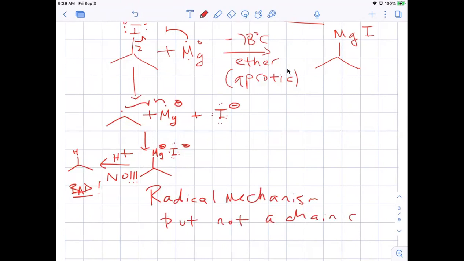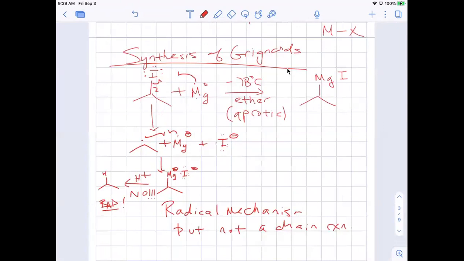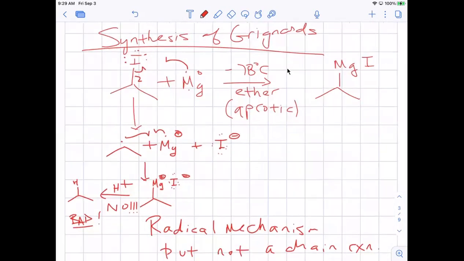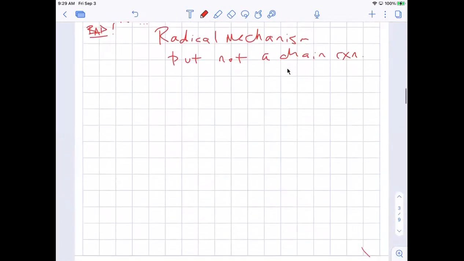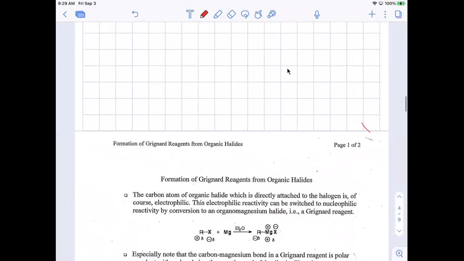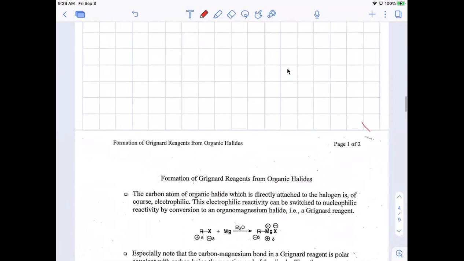All right, so again, one of the applications of alkyl halides is to make organometallics. That's one of the major applications. So first we studied how to make alkyl halides, and now we're looking at how to apply them. And one way to apply them is to use them to make organometallic reagents, right? All right, so this is Grignards, and then let's talk about the other organometallic that we're going to study, which is the Gilman reagent.